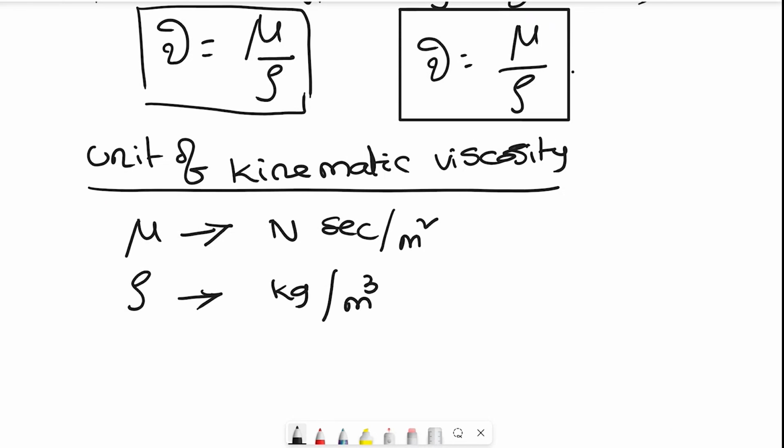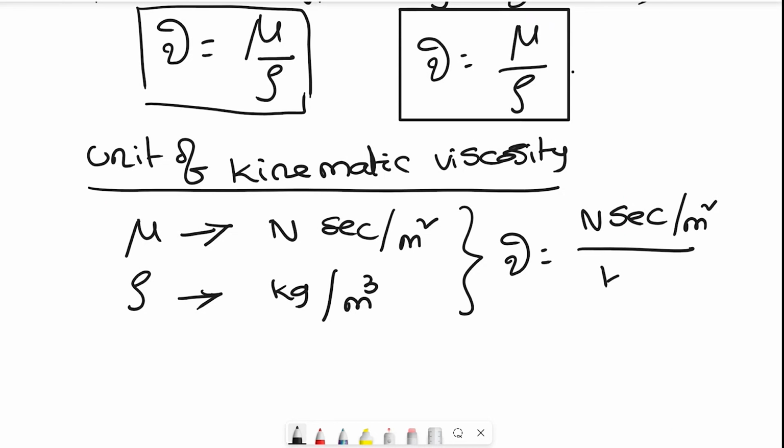When I divide, nu is equal to Newton second per meter square divided by kg per meter cube, naturally we cannot get the result directly. So that is why this Newton also should be converted to mass unit.